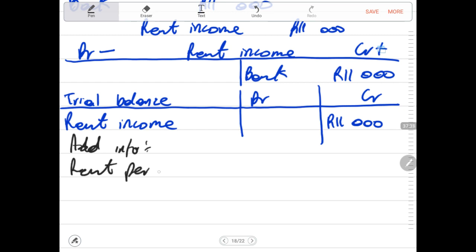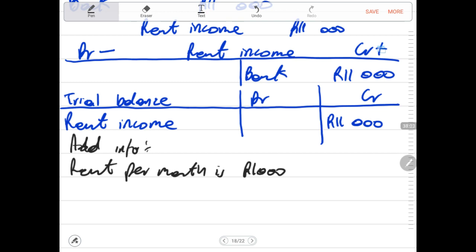Rent per month is 1,000 rands. And again, if they say the rent was received only for 11 months, then you divide by 11 to get the rent per month. Or when they say the rent for the last month was not yet received, or they can say the rent of 1,000 for the last month was not yet received.